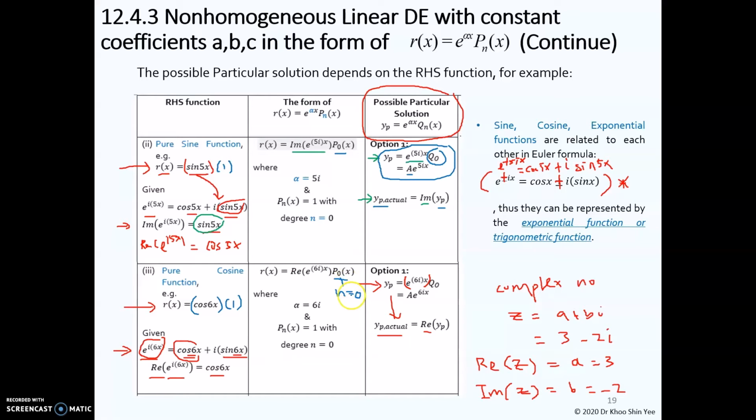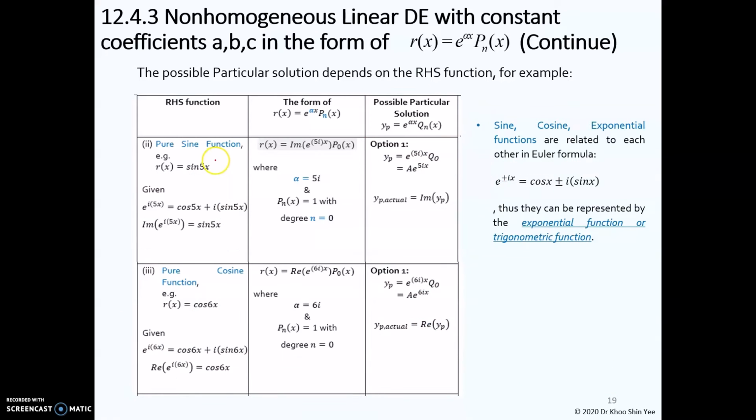For the general formula of a constant, we can just substitute q0 equal to A here. With that, the possible yp solution is equal to this, and you need to find the actual solution in the real part. So you can see that if the right-hand side function is either a sine or cosine function, then your alpha will be an imaginary number.